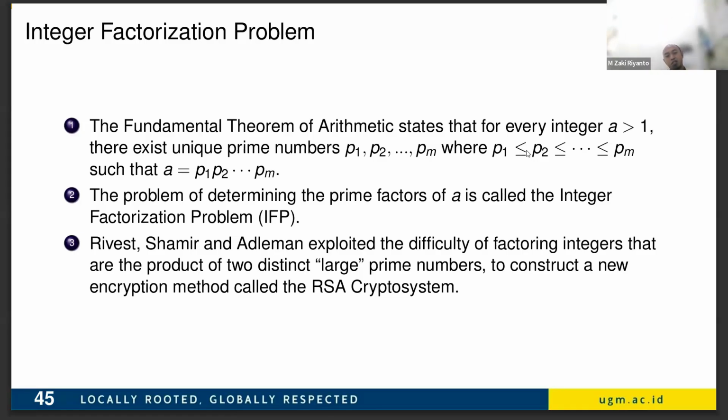It is the factorization of A, and the factorization is unique. The problem of determining the prime factors of an integer is called the integer factorization problem.